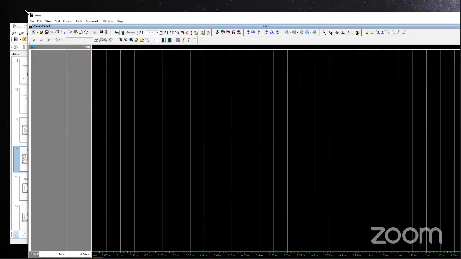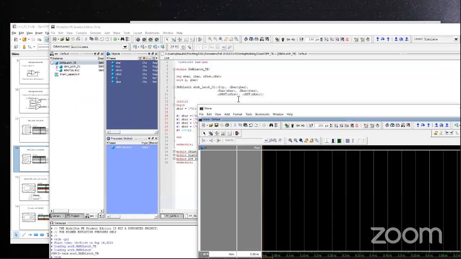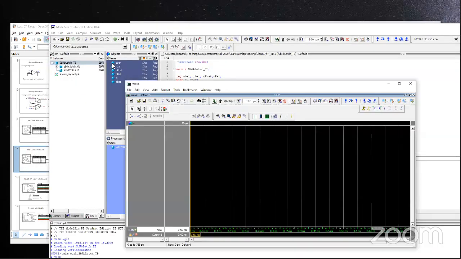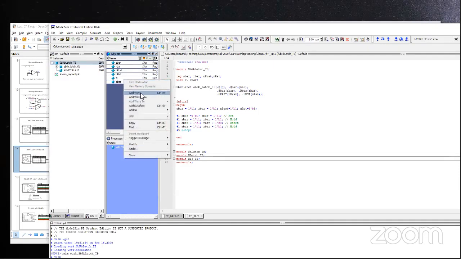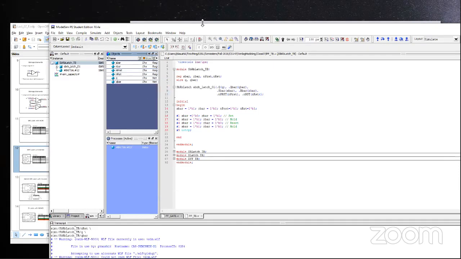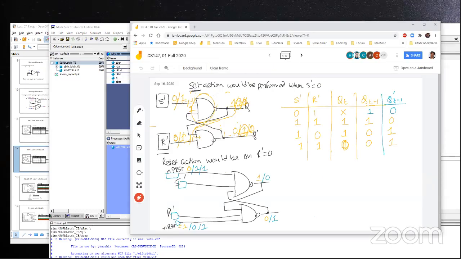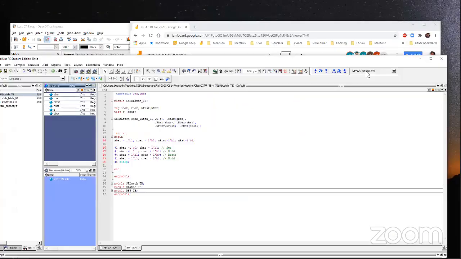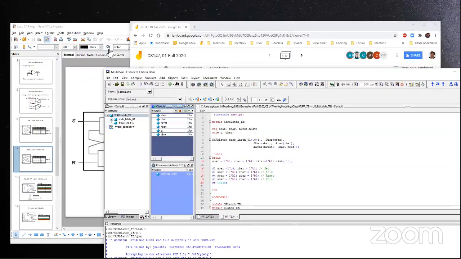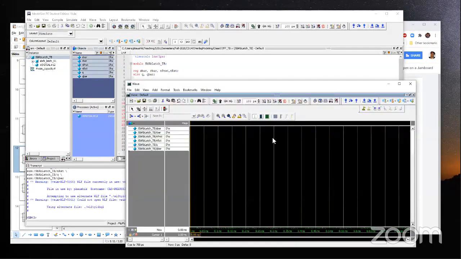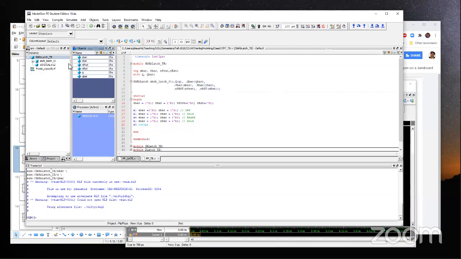This is the waveform deck. Let me add SBar, RBar. Okay, why don't I just add all of them? All right, it is added.